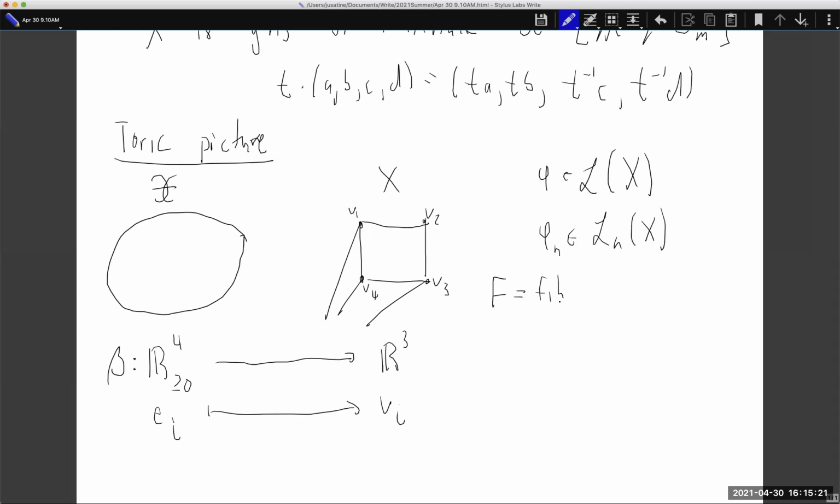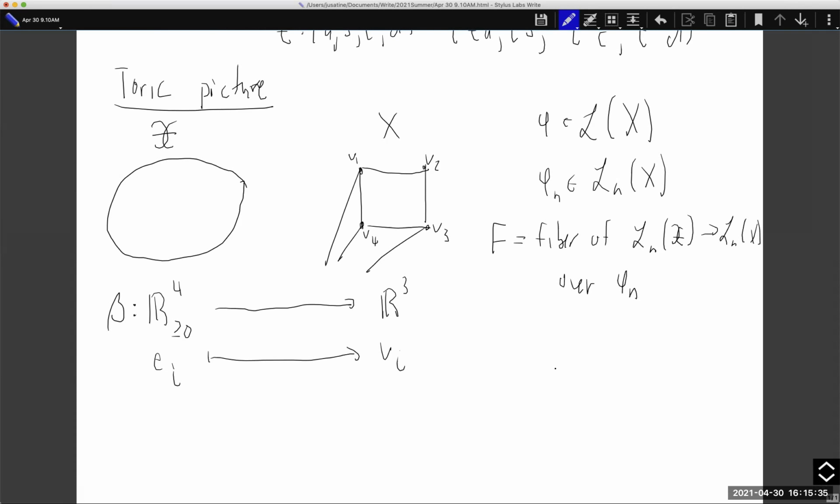So I'm going to let capital F be the fiber of this map of jet spaces over our chosen jet phi_n. Okay, so now I get to draw some more things. How do I make that a combinatorial thing? It turns out there's some lattice point that I think it's fair to call trop of phi.